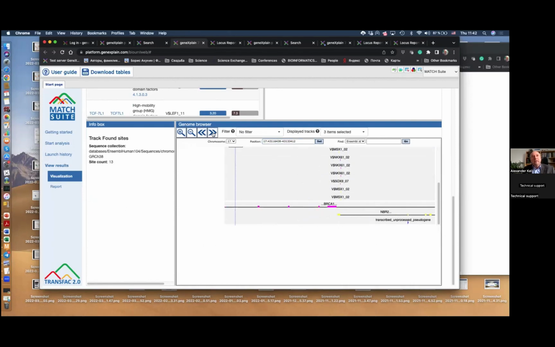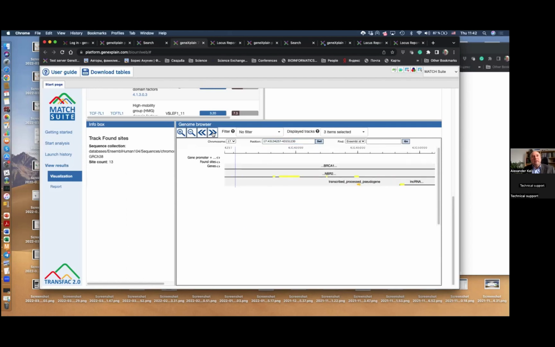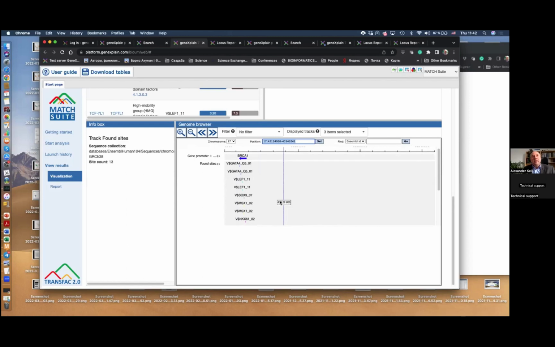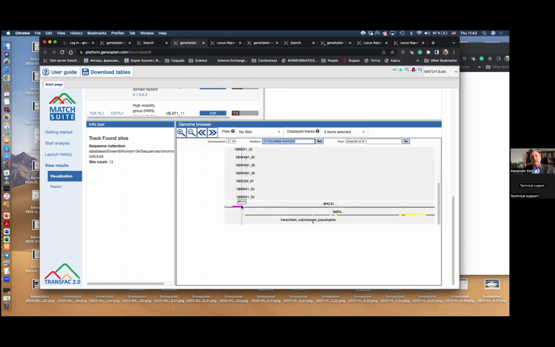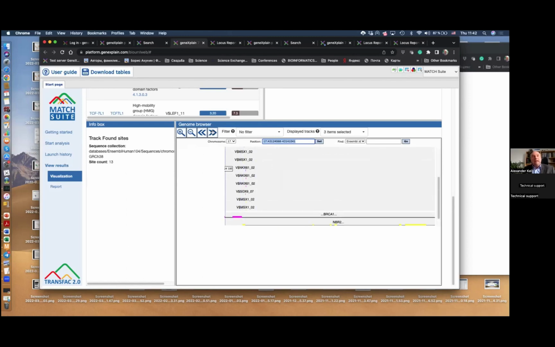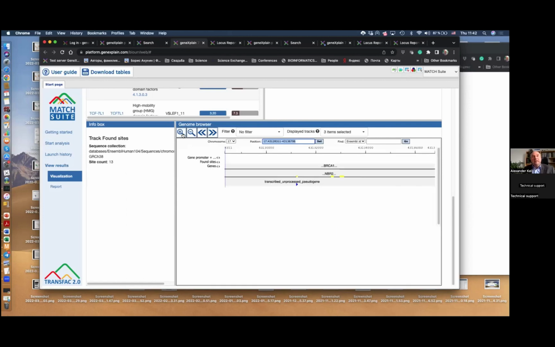It has a very long intron after the first exon, and the testis-specific promoter is located at the end of this first intron, in front of the second exon. That's something you may miss when you just choose standard promoters.